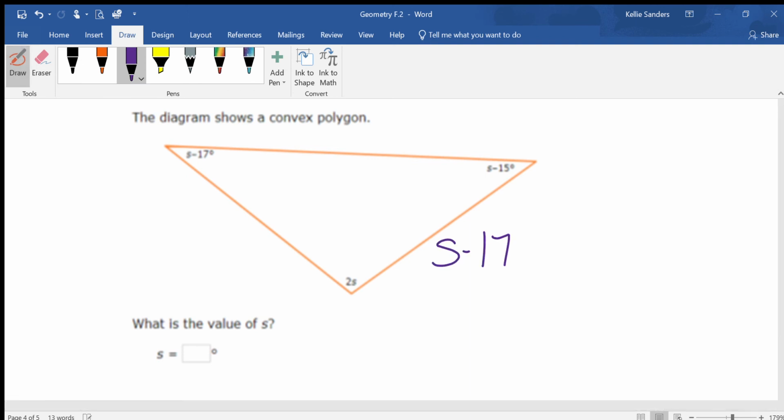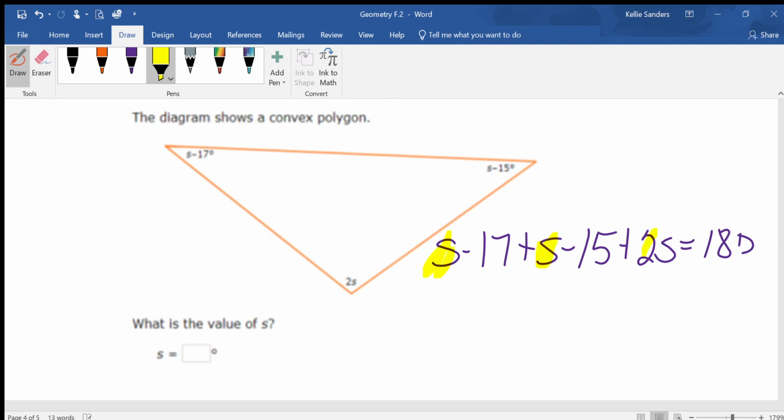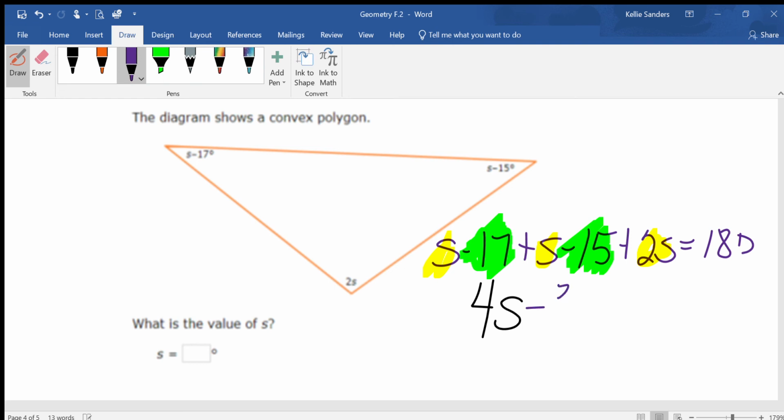S minus 17 plus S minus 15 plus 2S equals 180. S plus S plus 2S is 4S. Negative 17, make sure you keep that minus with it, minus 15, that's it, so minus 32, equals 180.